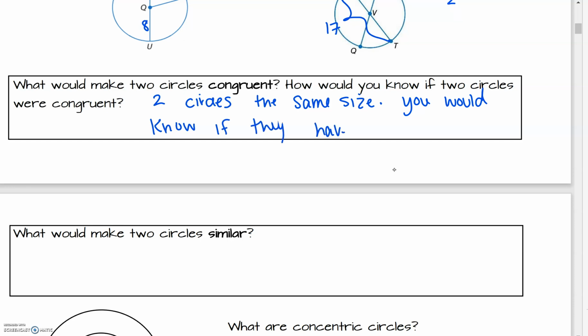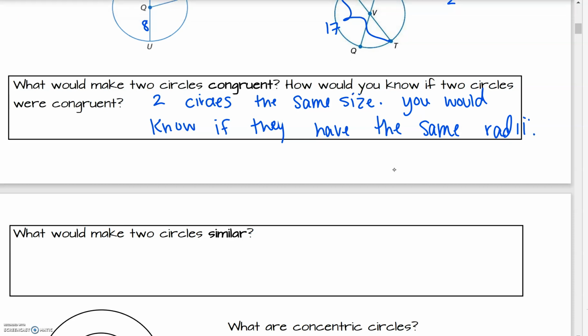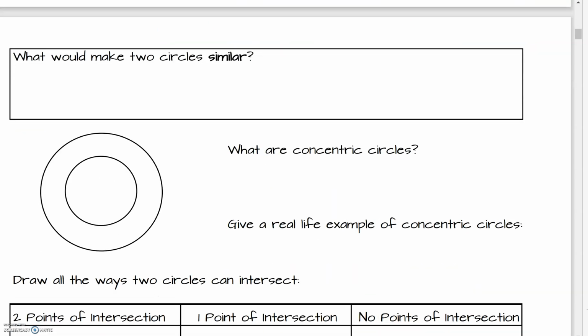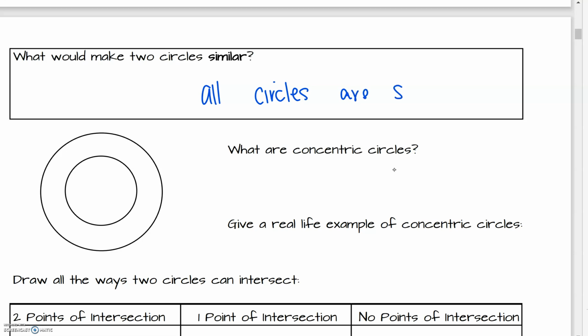Then they would definitely be the same. We had some sort of measurement in there, and that would have to be like a radius or diameter. What would make two circles similar? Well, all circles are similar because they're circles. So they are all similar to each other since they are that shape.